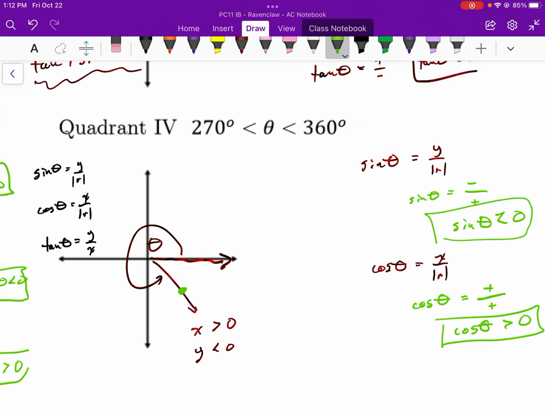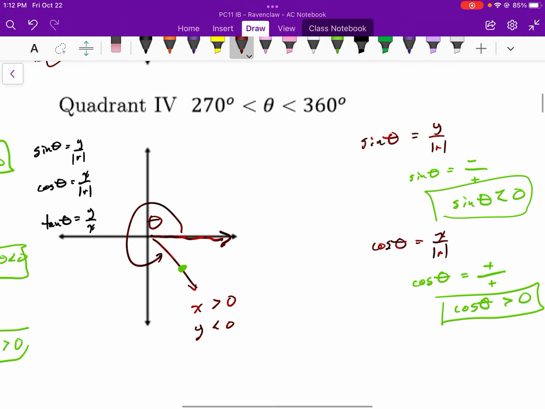Identify an angle in quadrant number 4 like 330. The cosine of 330 degrees will be positive. No need to take out your calculator, or take it out, give it a spin. Now, tangent theta is going to be my y coordinate divided by my x. My y coordinate is negative. My x coordinate is positive. Therefore, a negative divided by a positive is a negative.